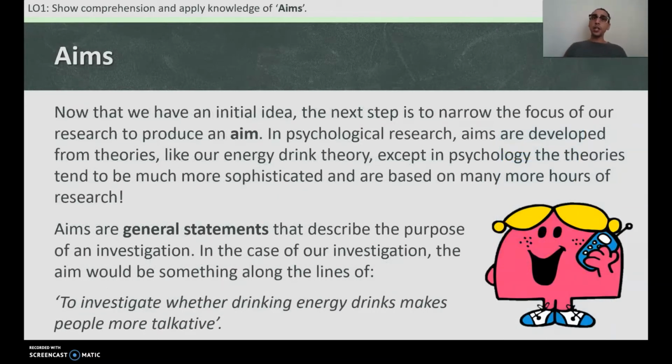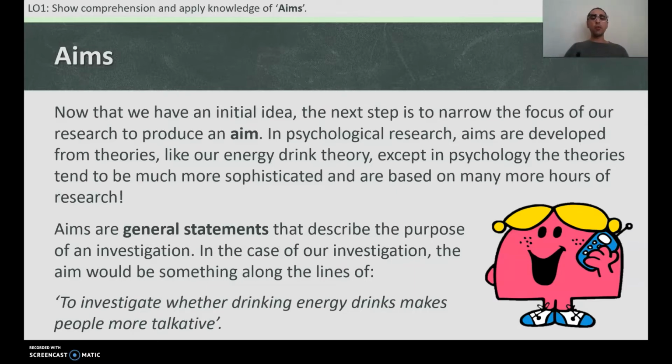Now that we have an initial idea, the next step is to narrow the focus of our research to produce an aim. In psychological research, aims are developed from theories, like our energy drink theory, except in psychology, the theories tend to be much more sophisticated, oh yeah, and based on many more hours of research.